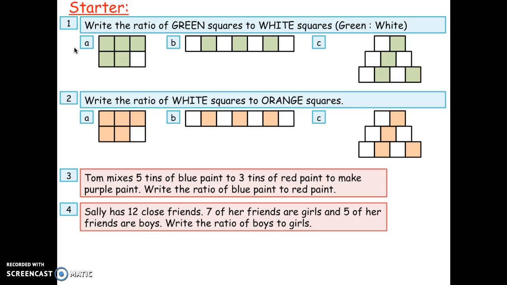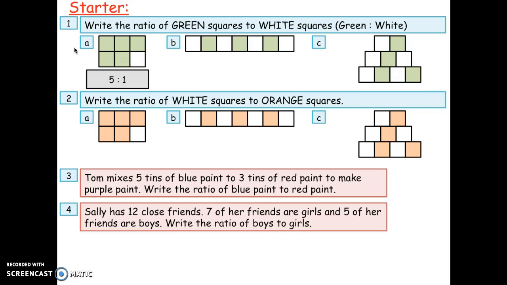Will it be 5 to 1? Will it be 1 to 5? Will it be 1 to 6? Will it be 5 to 6? Let us see. 5 to 1. There are 5 green squares and 1 white square.